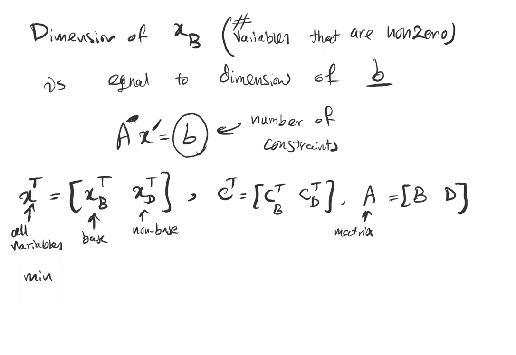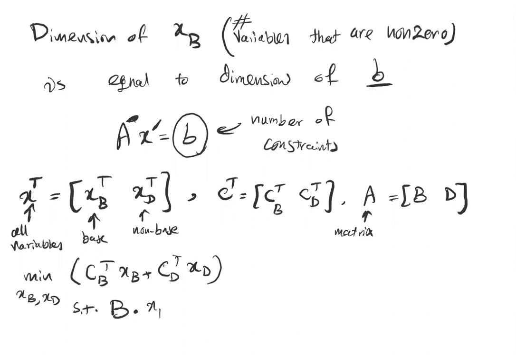Here I assume if the problem was maximization, we already transformed it to minimization. If the problem had inequality constraints, we already transformed those into equality constraints. So it's going to be minimizing C_B transpose X_B plus C_D transpose X_D. Our variables are X sub B and X sub D, subject to matrix B multiplied by the base variables plus matrix D multiplied by the non-base variables equal to b.